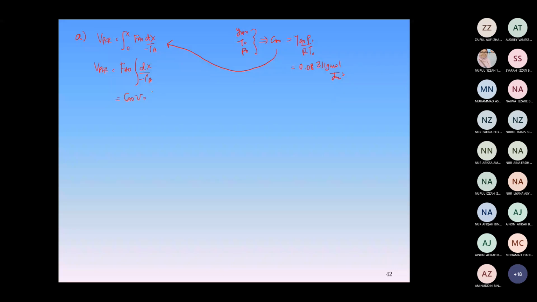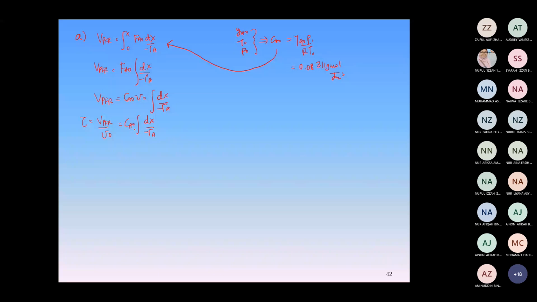So this is the VPFR. From here you can get tau, which is VPFR over V0, equal to CA0 times the integral of dX over negative RA.